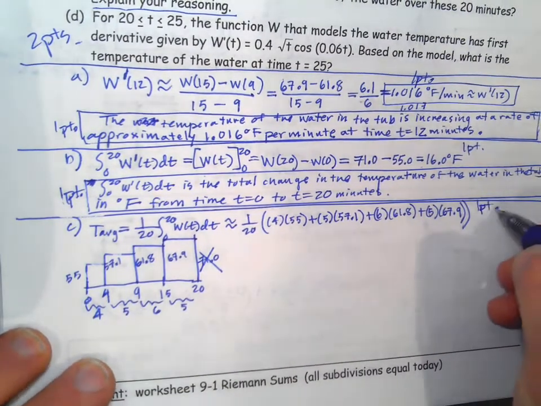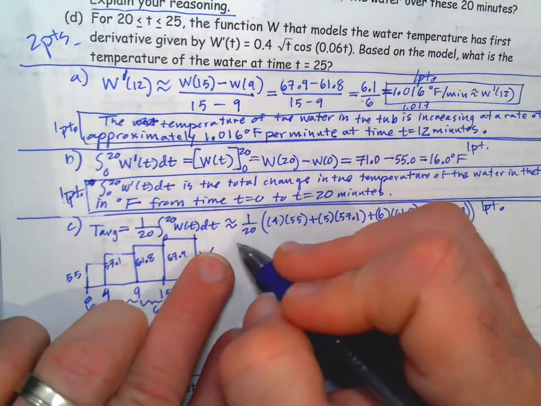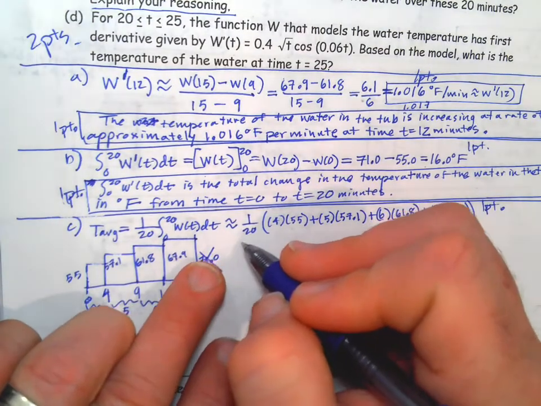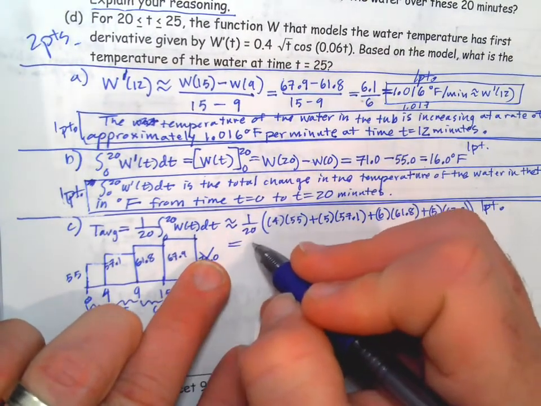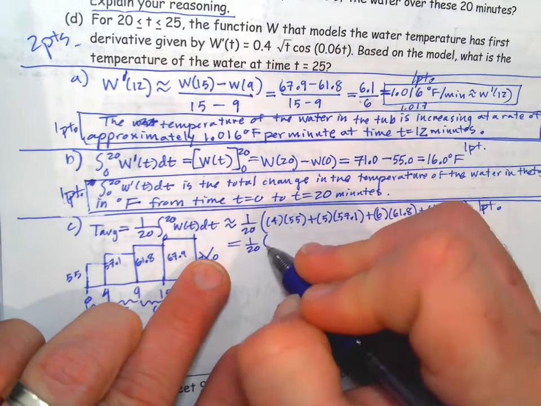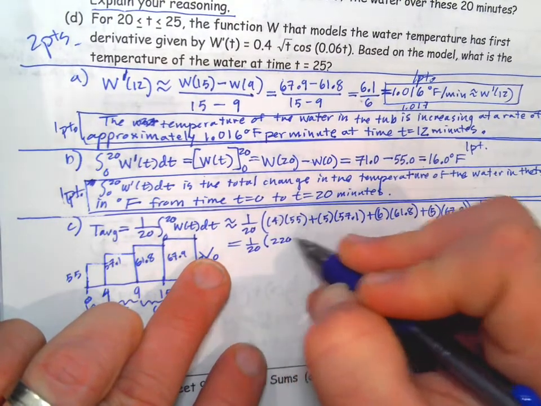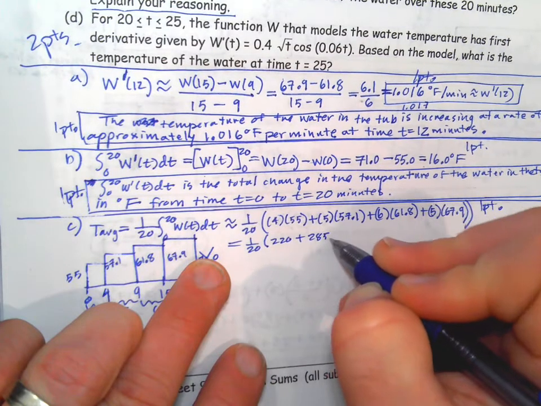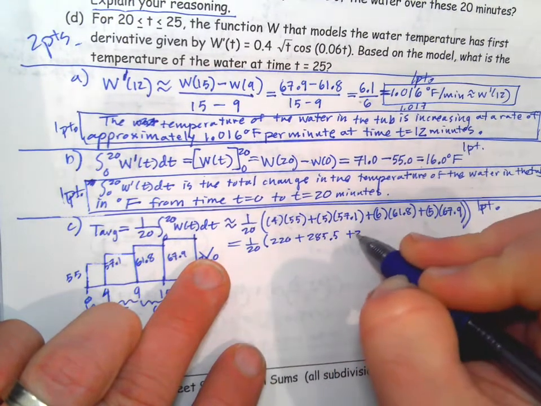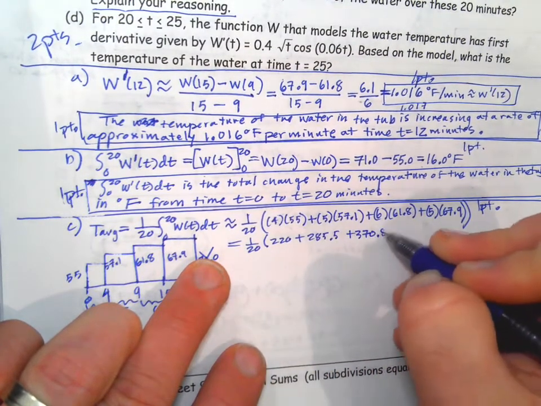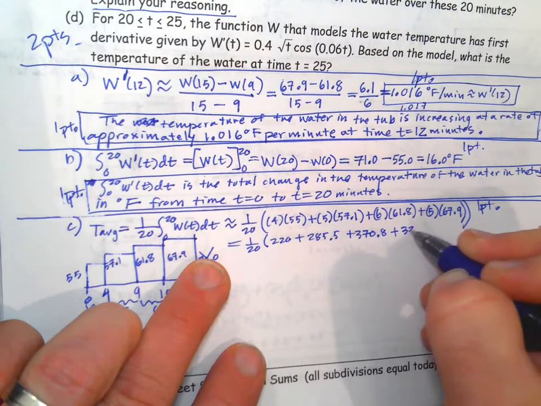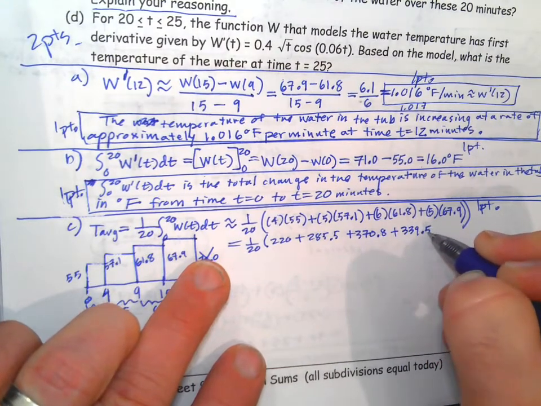Now we are allowed to use a calculator. So I'm gonna go ahead and jump into that. So this is 1/20. On my calculator, I got 220, 285.5, 370.8, 339.5. Keep all the decimals right now.